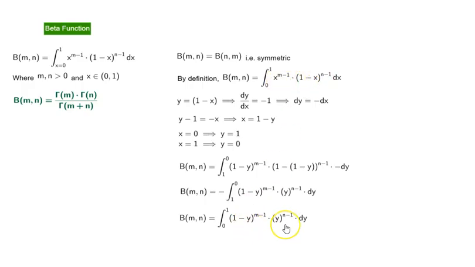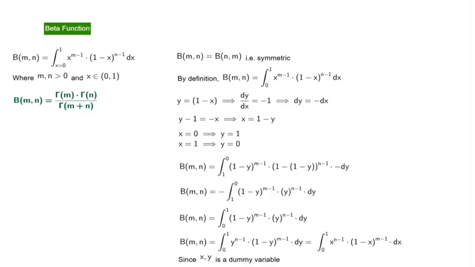Here it is x, here it is y. But we know that the variable of integration doesn't matter in case of definite integrals. So these two integrals are the same, since x and y are dummy variables.